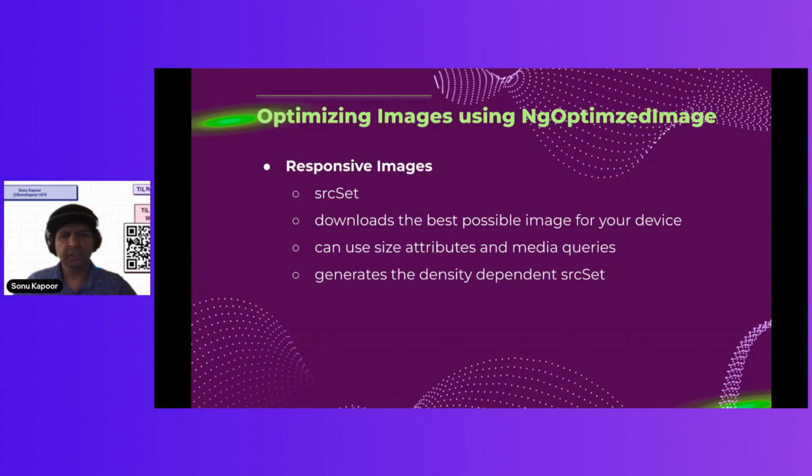So this can work with or without the sizes attribute. The directive will automatically generate the density-dependent source set, and it can also auto-resize the images as you resize your browser.